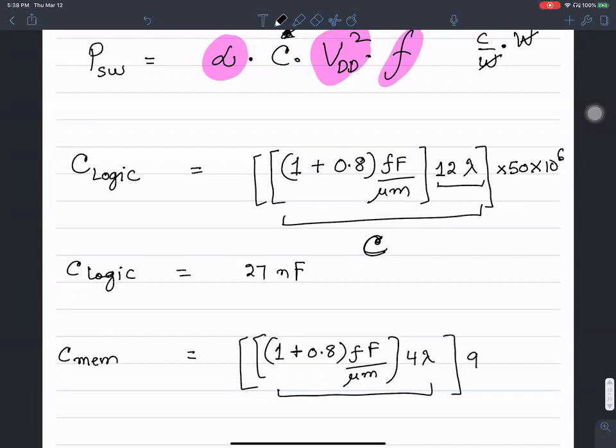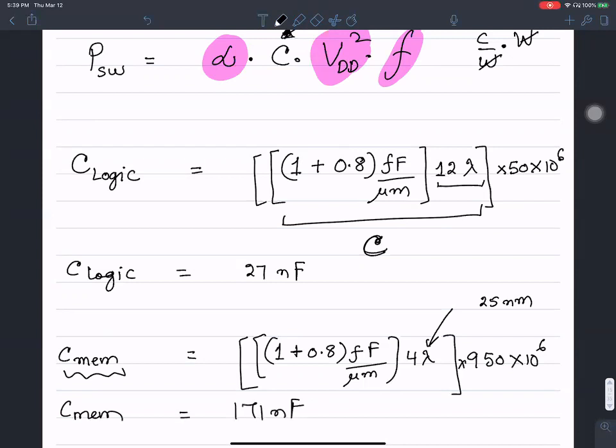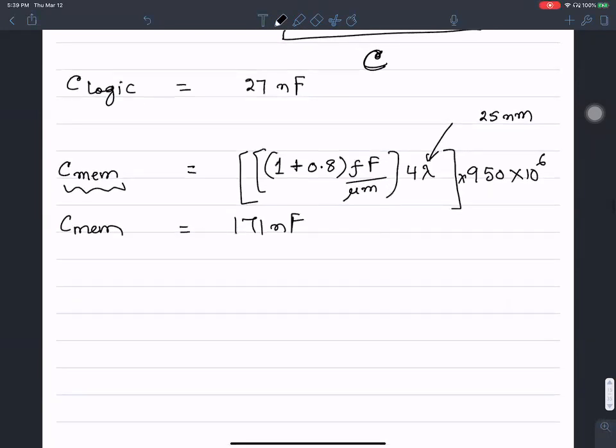Now if I multiply that by 950 million, I'll get the total capacitance coming from the memory. We know the value of lambda is given to be 25 nanometers. So we plug in all the values, we end up with the memory capacitance to be around 171 nanofarads. Now we can move to calculation of power switching.